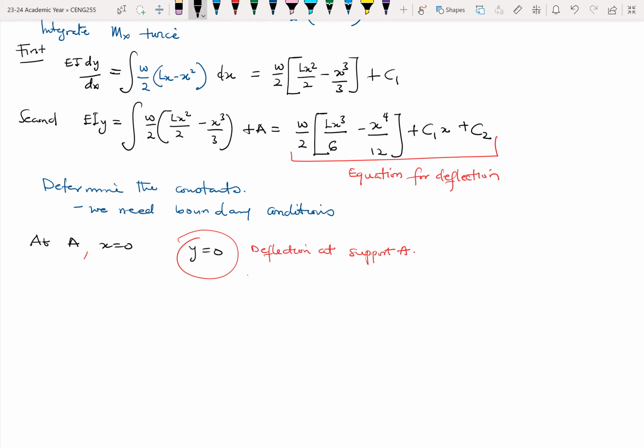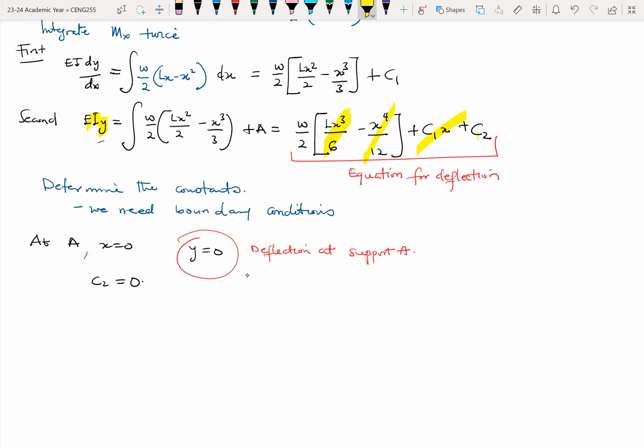So if I put into my deflection equation, it means that C2 will be equal to 0. So Y is 0 at this point. So the equal to sign on the left goes to 0. X is 0, so this whole place goes to 0. This is 0, so that is 0.